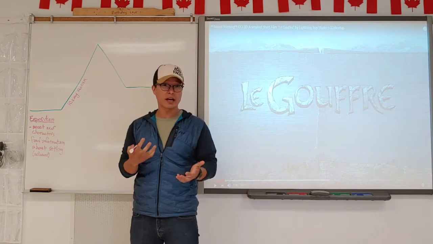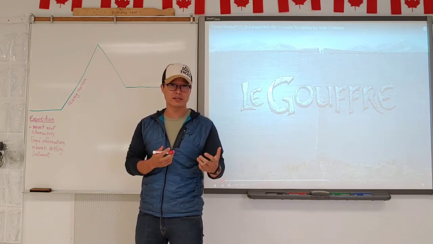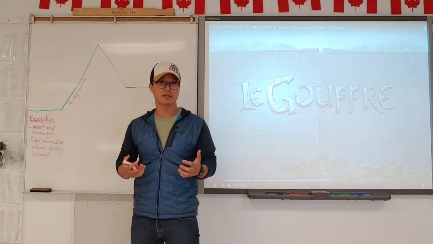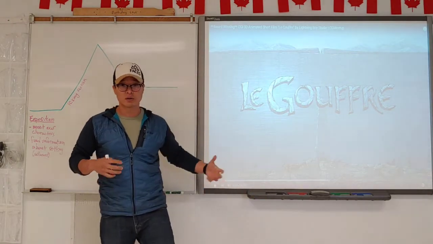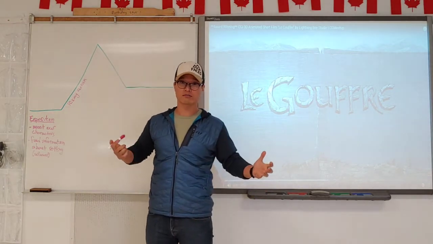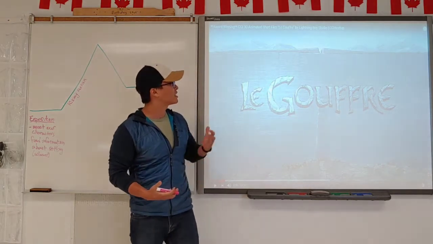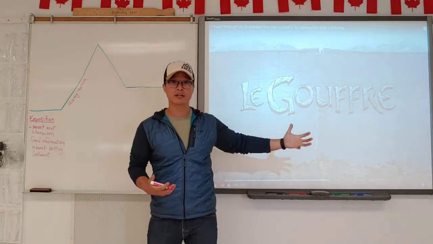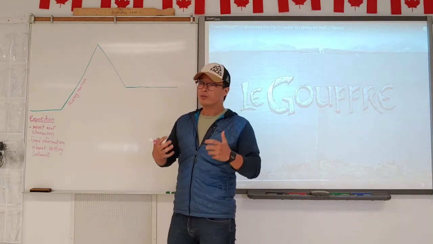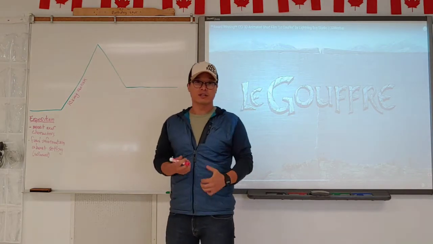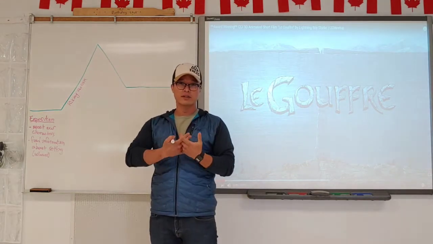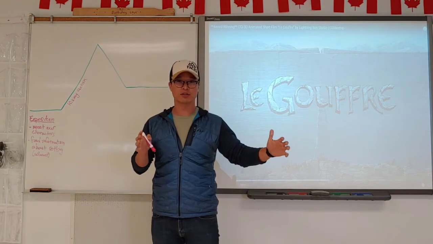Is there a challenge that they're trying to overcome? Is there a fight that they have to deal with? In this case, in our video, what are they doing? Essentially, they're just building a bridge to get across this giant canyon. So, really, the rising action is oftentimes the first half of the story, essentially.